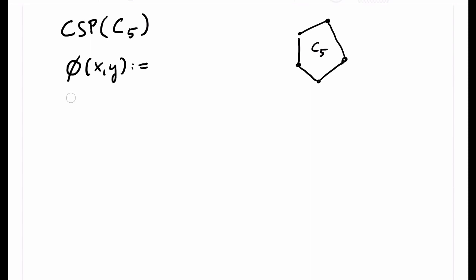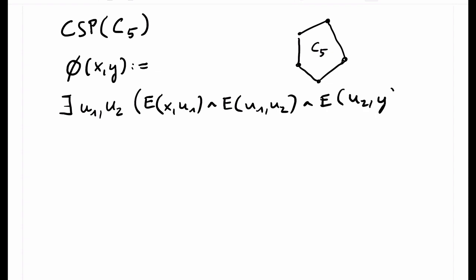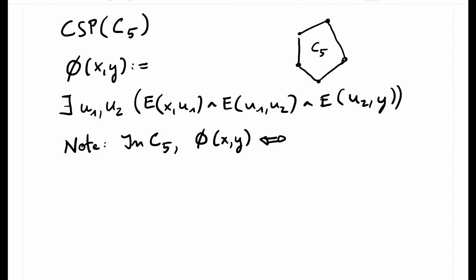To apply our lemma, consider the primitive positive formula phi with two free variables x and y, which states that there exists a path from x to y of length 3. Note that in C5, there is a path of length 3 from x to y if and only if x and y are distinct vertices.